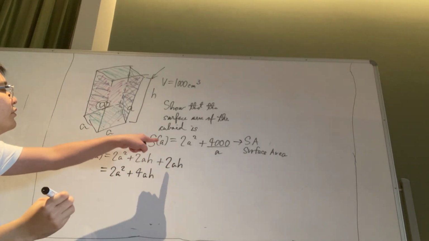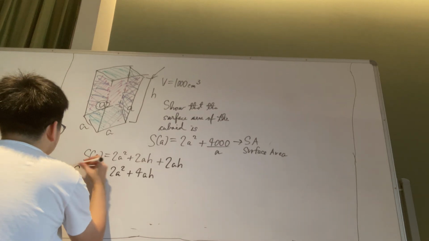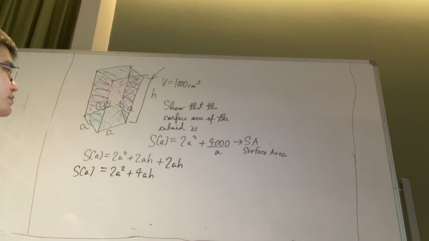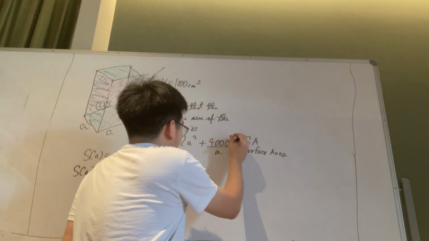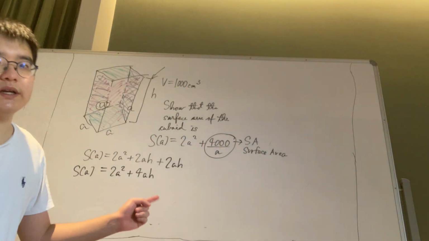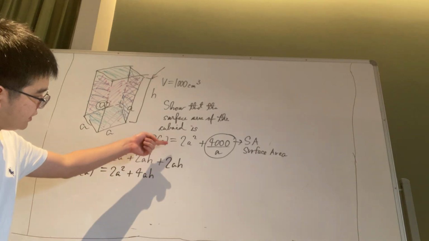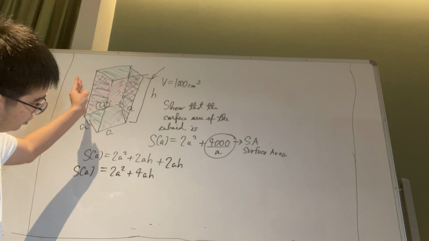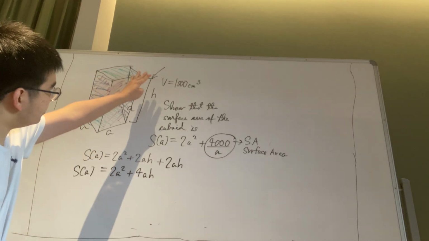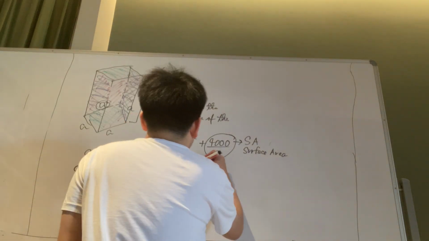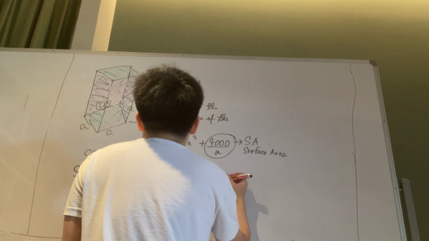However, the surface area function is only done in terms of A. No, it's in terms of H. Where did they get this from? Well, they had to manipulate a constraint equation. Besides the surface area of a cuboid, you can also have its volume, which is length times width times height.